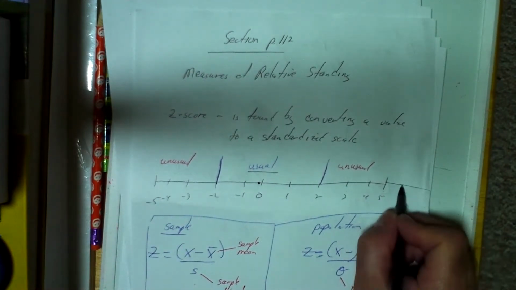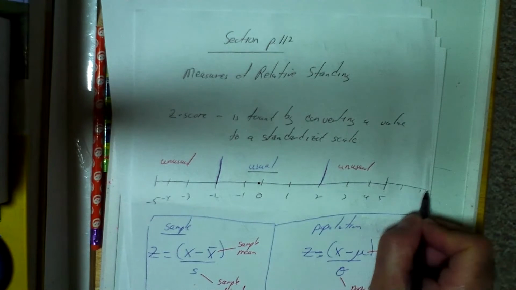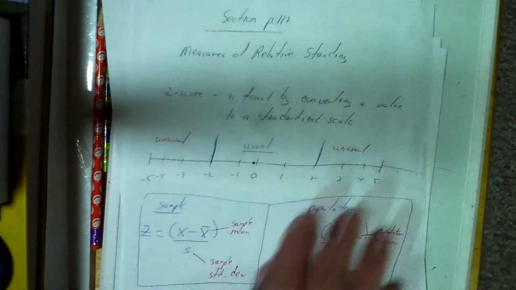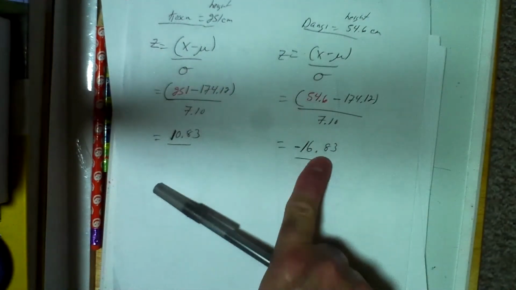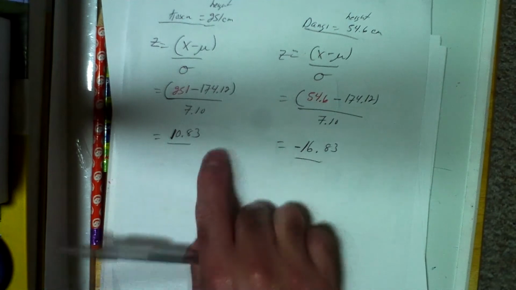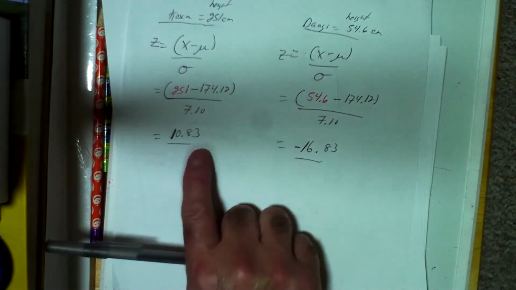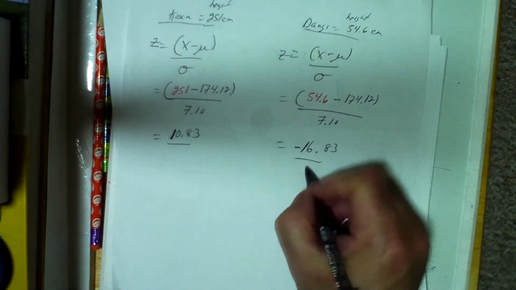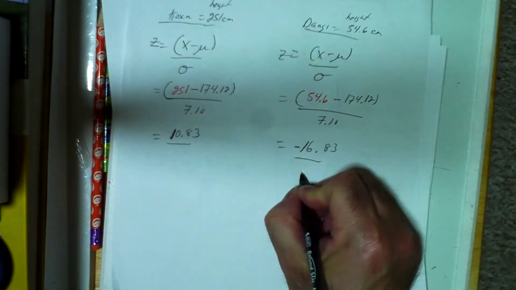I have to extend it, 8, 9, 6, 7. I went over, but you can tell this is much further away from 0 than 10 is, right? So he is much further. He is the most extreme.